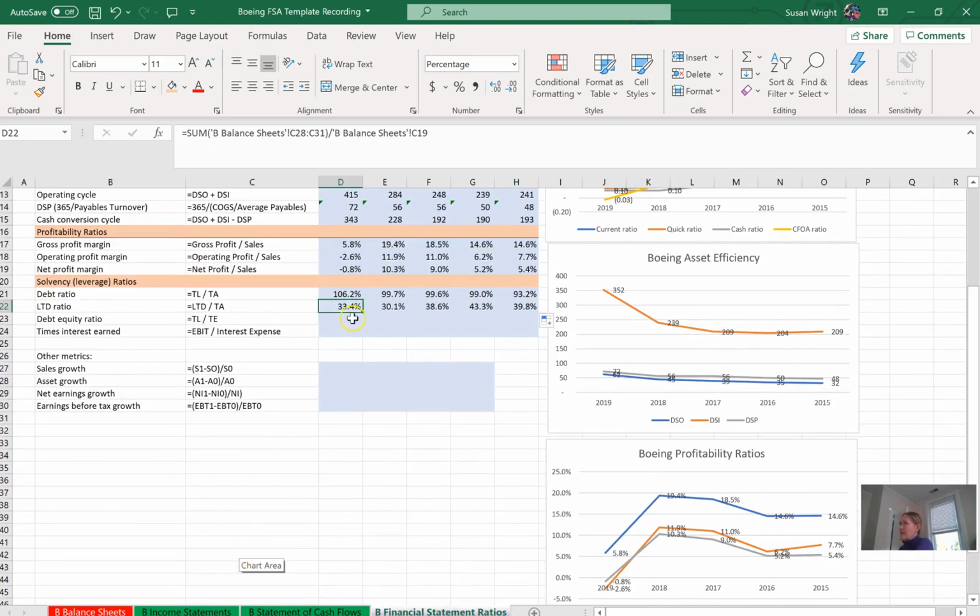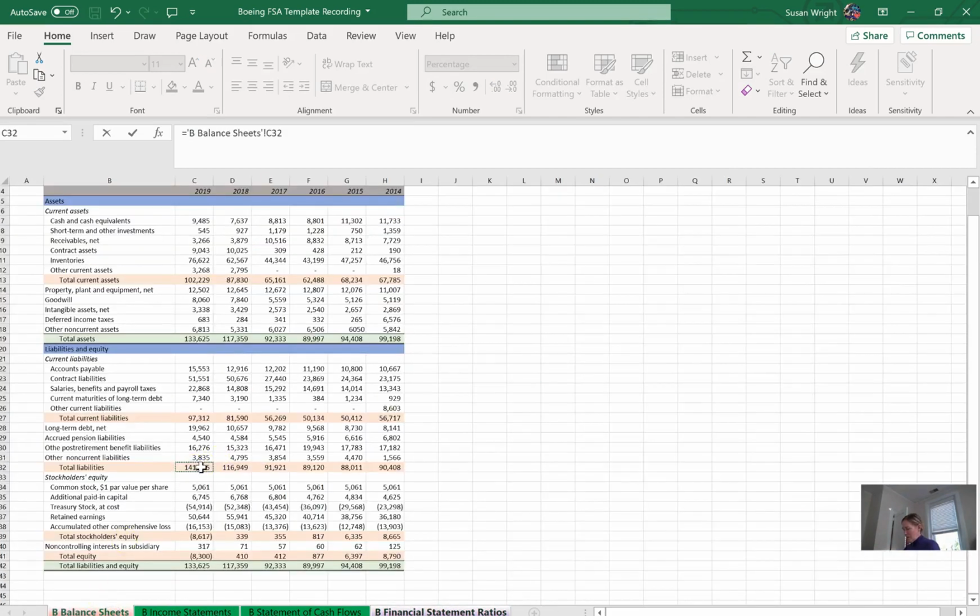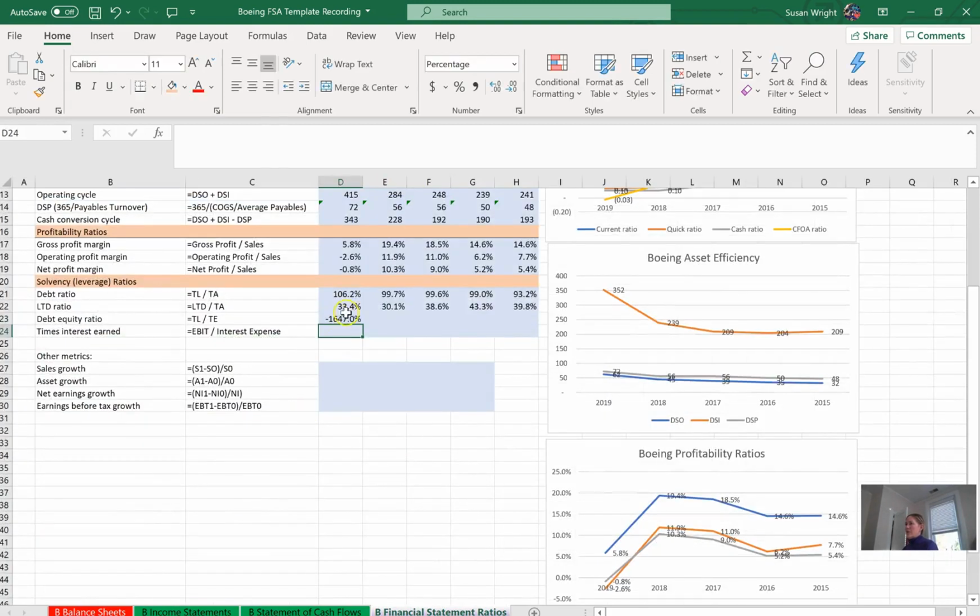Okay, so now the debt-equity ratio, remember, is total liabilities over total equity, which is a ratio that I don't often use. I like using the debt ratio and the long-term debt ratio. I just think, given the situation in the marketplace today with how much leverage companies use, these numbers just look ridiculous, right? They're not terribly useful to study.